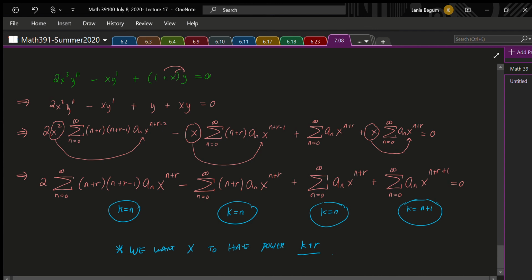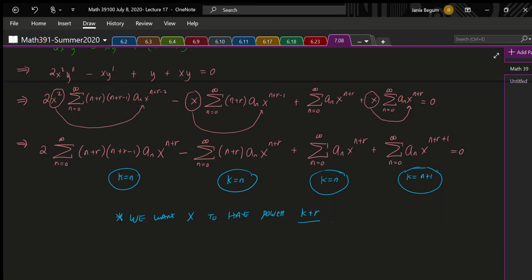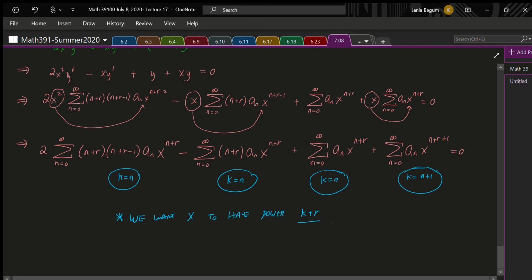Now let's see how it would look after we have shifted these powers. For the first one, we have the sum. If k is equal to n, that means k will also start at 0.